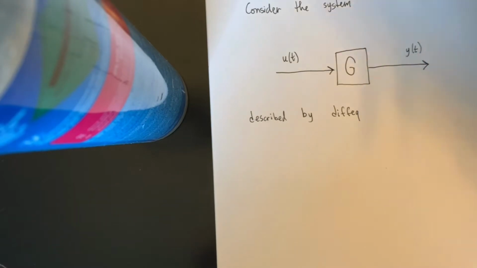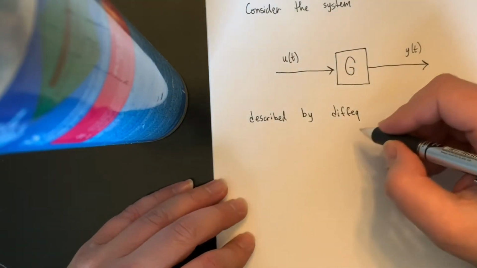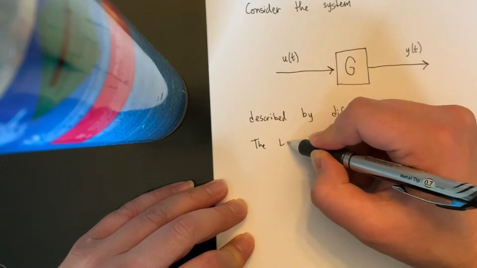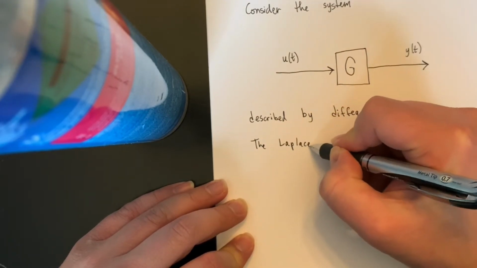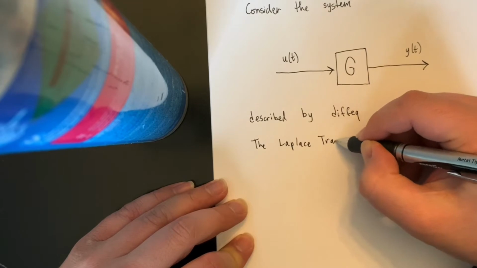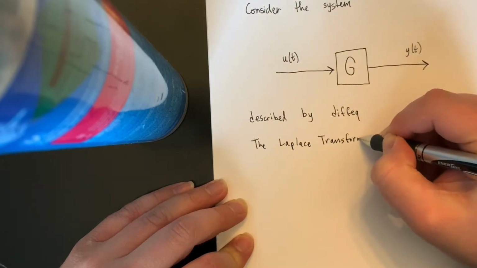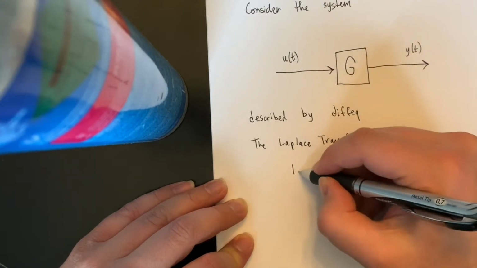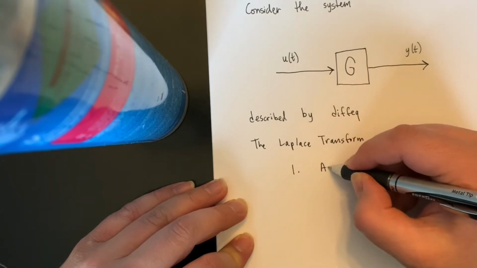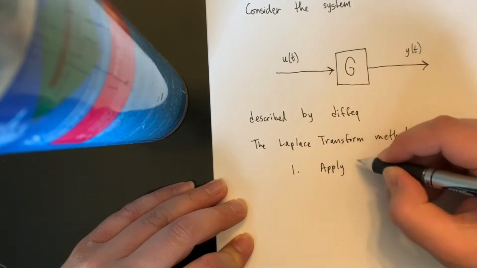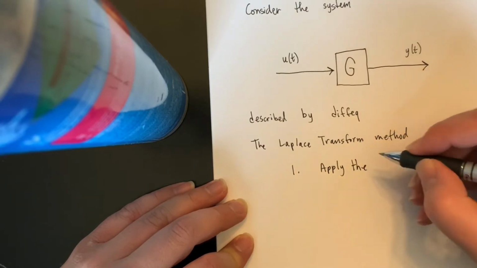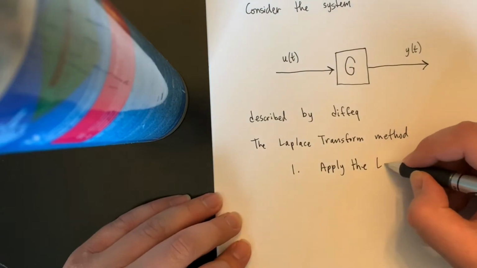The Laplace transform method tells us to take a couple steps, as we talked about last time. First, you apply the Laplace transform to the differential equation to turn it into an algebraic equation.